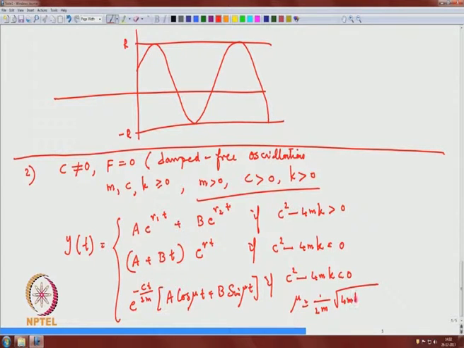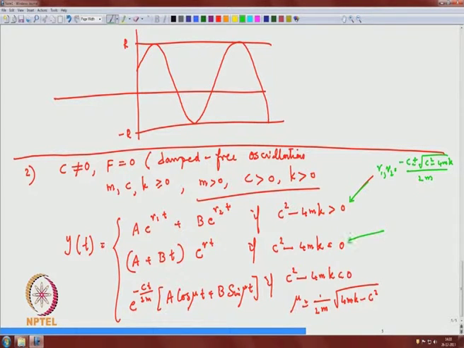This is what in the last class we have seen already. You can write down r1, r2 given by minus c plus or minus square root of c square minus 4mk by 2m.